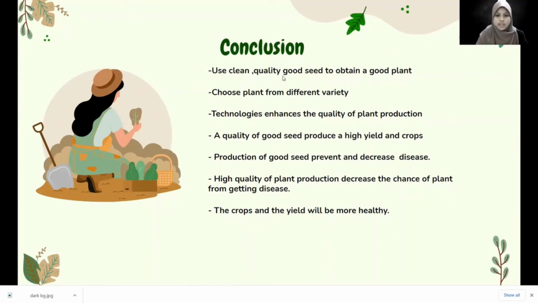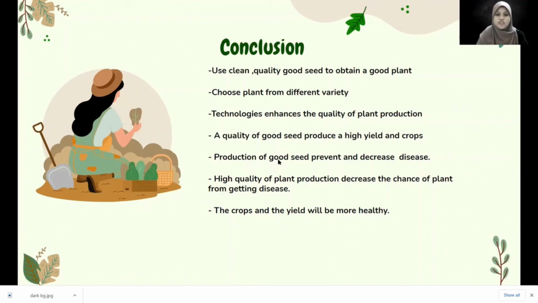For the next one, if we want to make a good plant, we need to choose plants from different varieties, and this is also important as nowadays technologies are important to enhance the quality of plant production. Good quality seed produces a high yield and income, because when the food comes from high quality plants, it produces high quality crops. So people will buy the healthy food that looks beautiful.